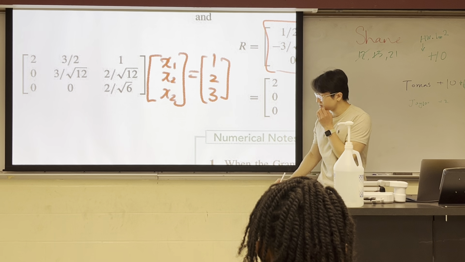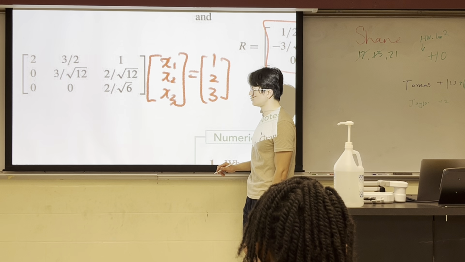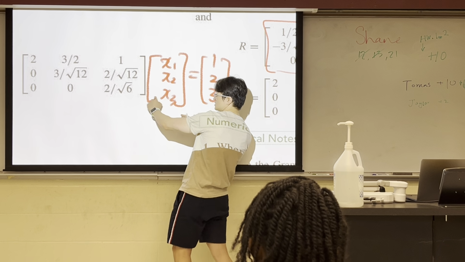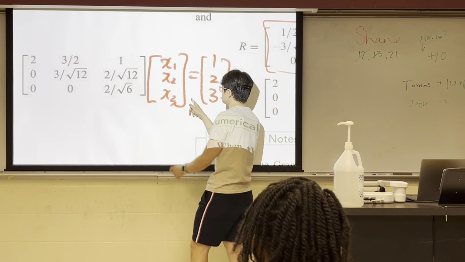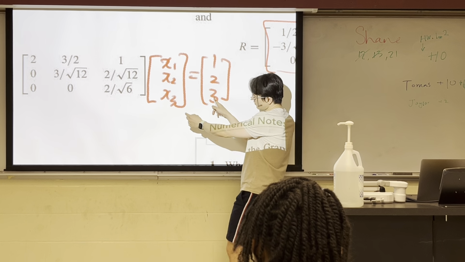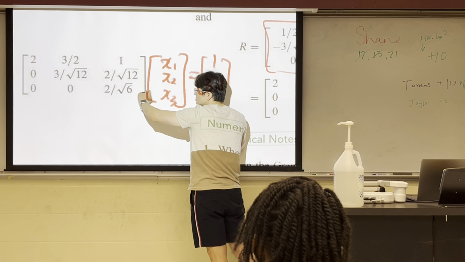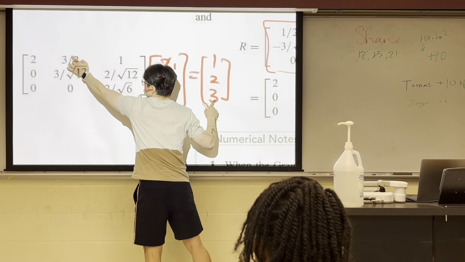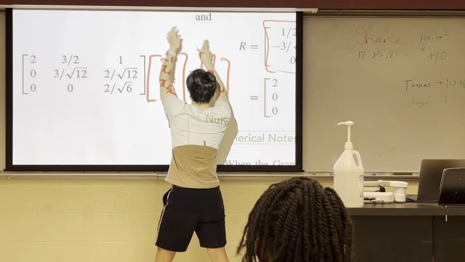Can you find a solution right away? Is it hard to find the solution? Yeah, you can find the solution right there. X3 you can find immediately. X3 times this number is equal to 3. Therefore, you can find X3 easily. Once you find X3, you can find X2 using the value of X3. Once you find X2 and X3, you can find X1 by multiplying this by X2 and X3 and moving it to the right-hand side.